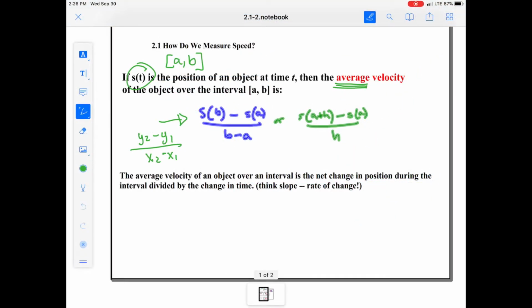And then at the bottom, we can see how we are expressing the average velocity of an object. It is our net change, so it's the change in the y's over the change in the x's. This is not a new concept, folks. It's slope. It's change in y over change in x.